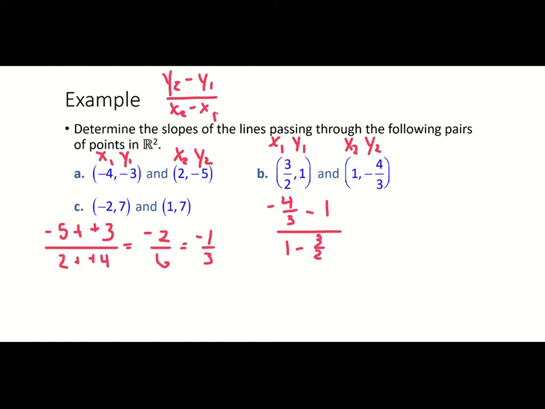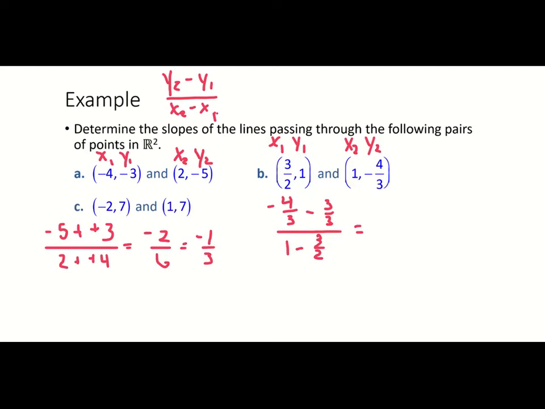So again, to make life a little bit easier, I need to have common denominators. Instead of putting a 1 there, I'm going to convert it into a fraction. I need a denominator of 3, so I'm going to use 3/3.